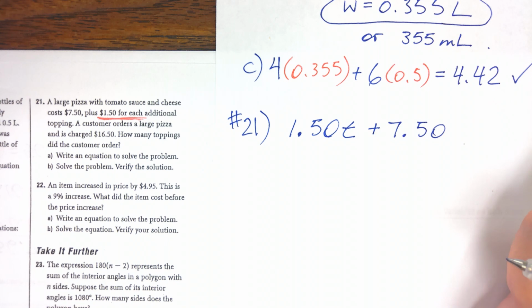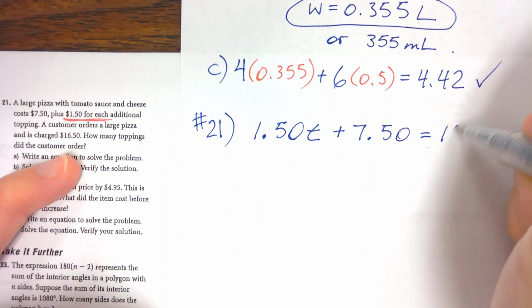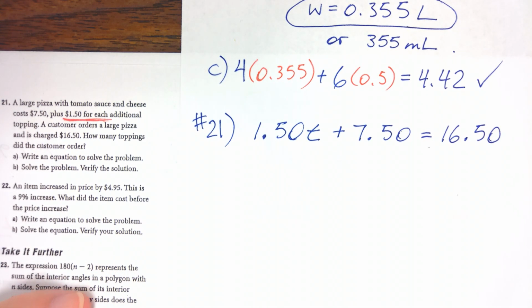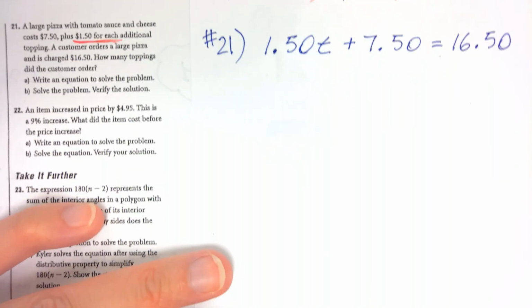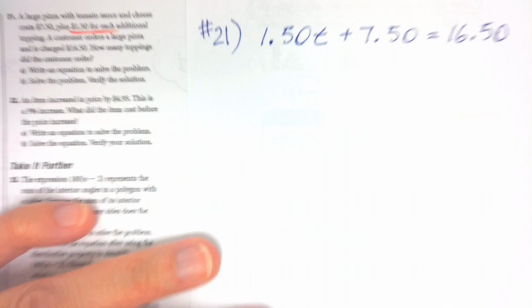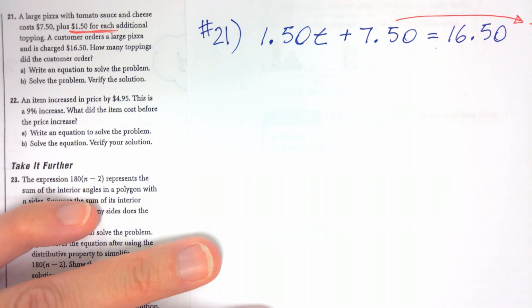And how much is the total cost of the pizza? It's 16.50. So you need to know how to build this equation, and then from there you can solve for t.